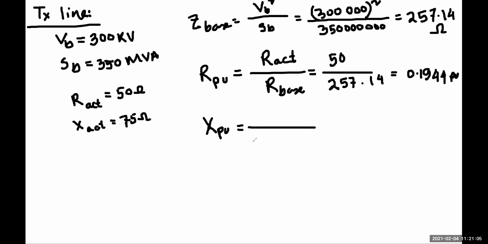What is your XPU? Again, X actual divided by X base, right? What is X base? The same thing is X base. So it is 75 divided by 257.14, right?